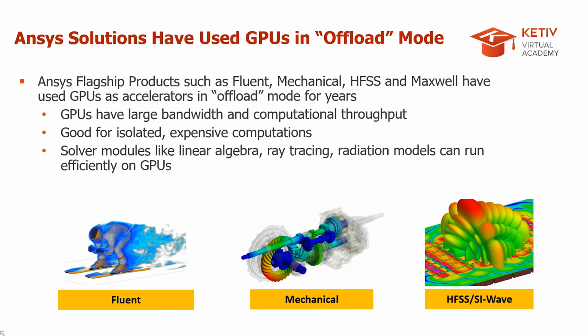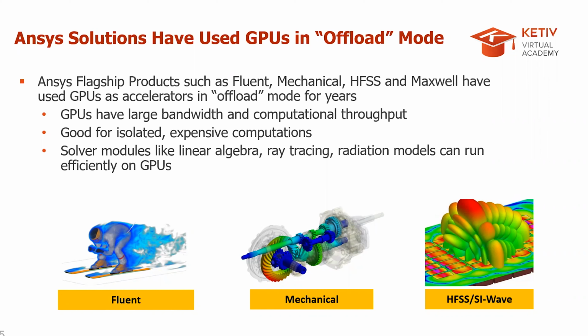GPUs are very good in terms of bandwidth and parallelization, so they can increase your computational throughput. So what we traditionally do in the offload mode is we'll divide the overall simulation into CPUs and GPUs both, wherein some isolated kernel of your simulation can be offloaded to the GPU while the rest of your computations are taking place on the CPU.